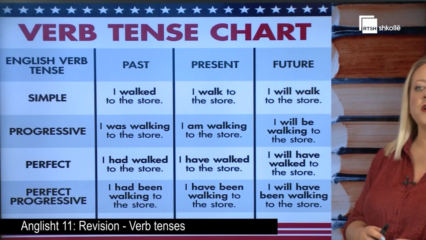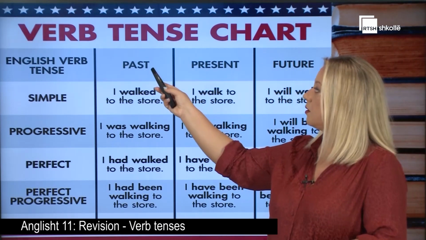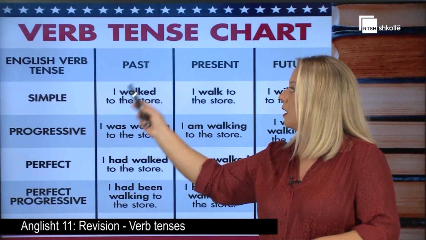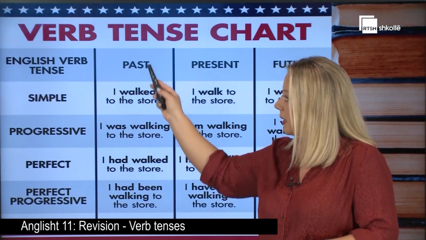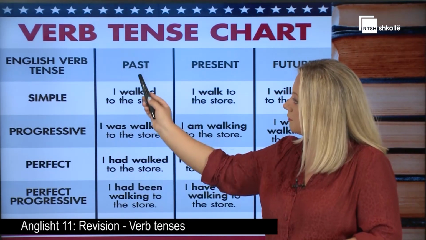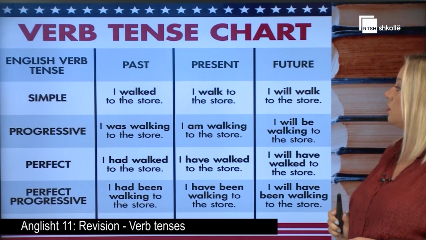Here we have a verb tense chart. The past refers to past simple and past progressive, past perfect and past perfect progressive. Here are the tenses for past, present and future. What do we notice here?